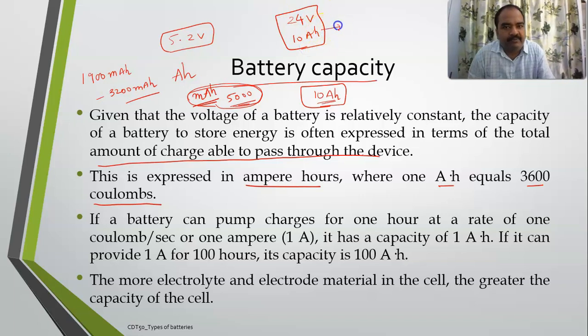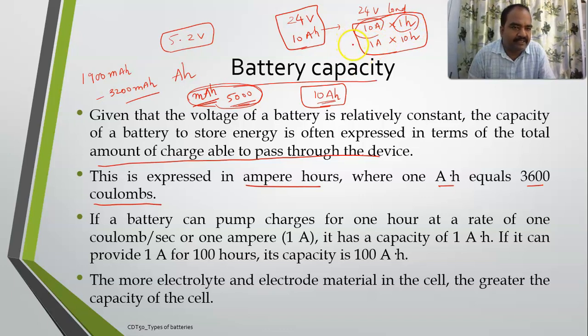Now I can provide it with a load of 24 volts. If I operate it at 10 amperes, I'll get it for 1 hour. Or if I operate it with a 1 ampere load, then I may get it for 10 hours. Understood now? The higher the load you apply, the less time you will get for the application.